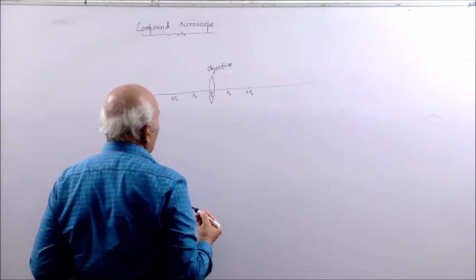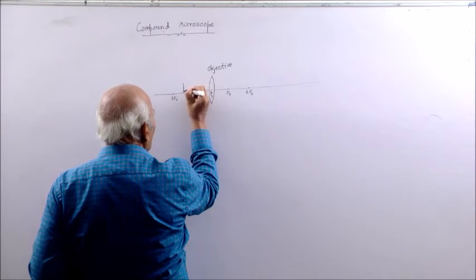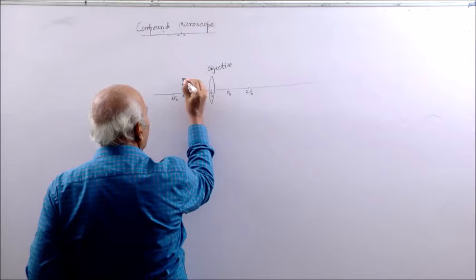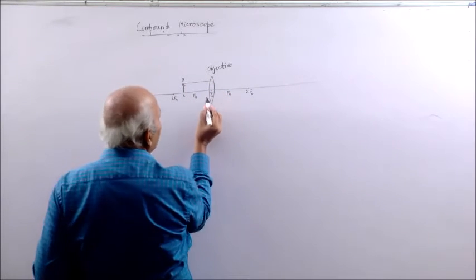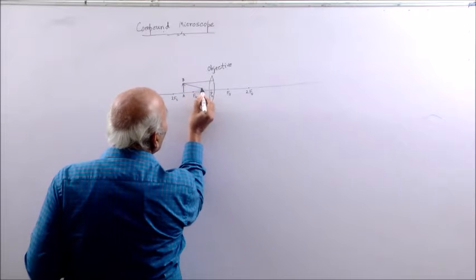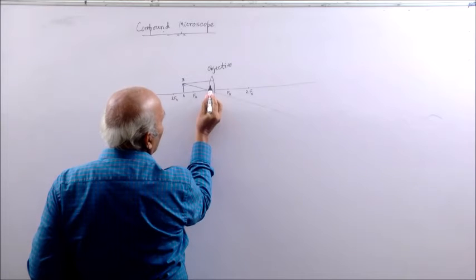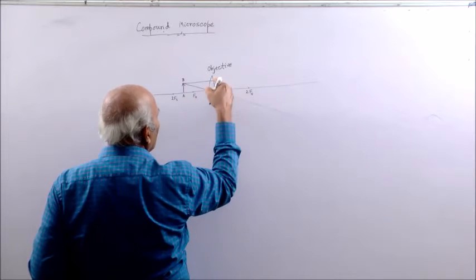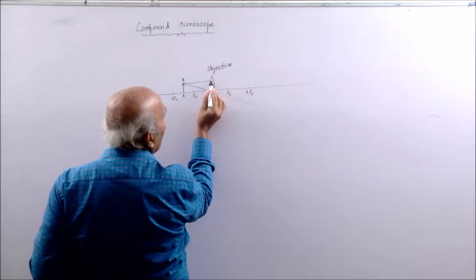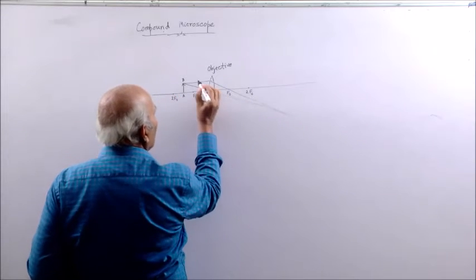Because as you see, if the object is between FO and 2FO, the object is small, say AB, then it sends rays, one through the optical center PO, and the other passing through the FO.